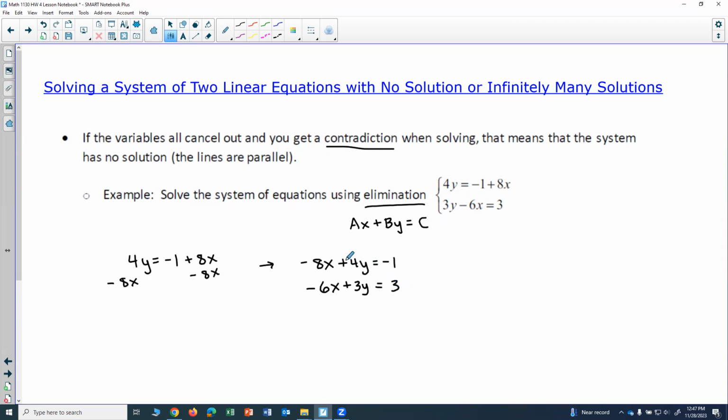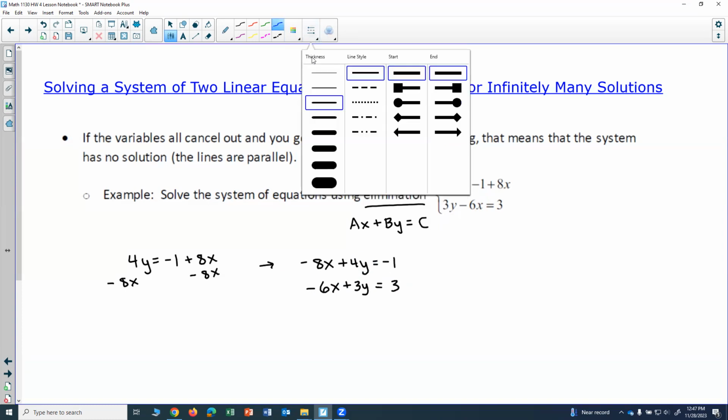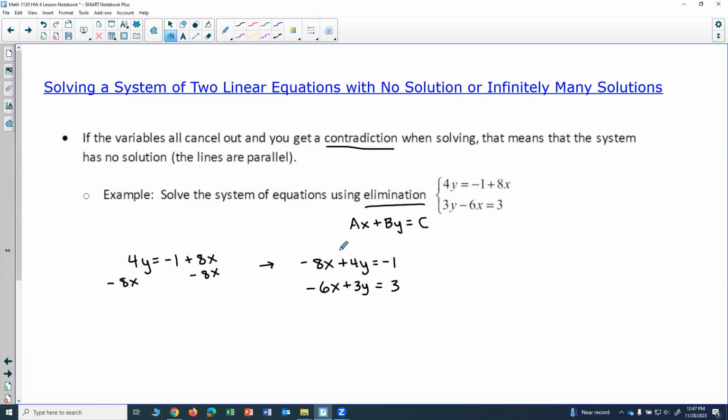So remember, with elimination, what you want to do is pick a variable to eliminate first. And it doesn't matter which one you pick. You can pick the x or the y, but you do have to choose. That will inform what to multiply each equation by. So let's say that I choose to eliminate y.